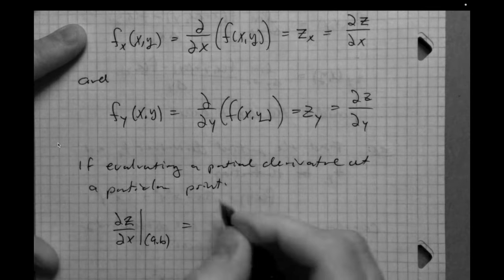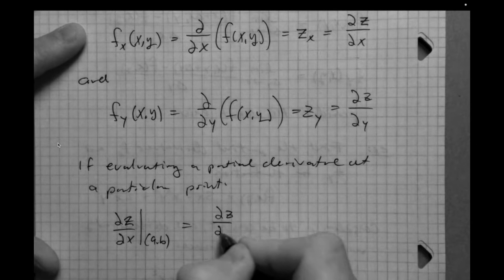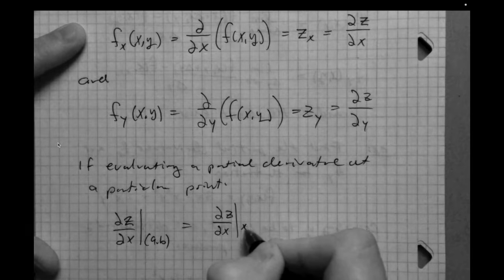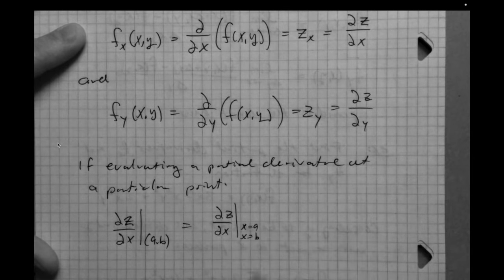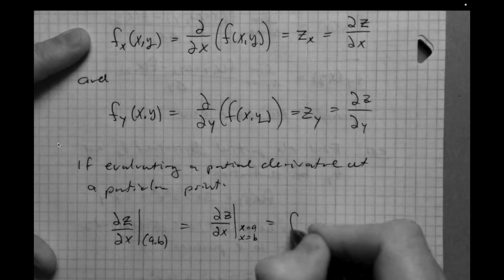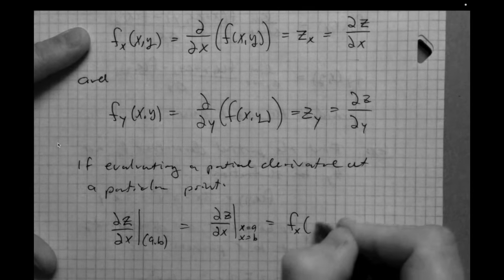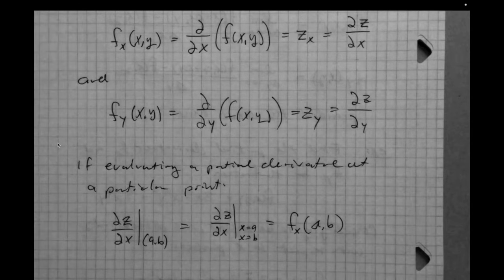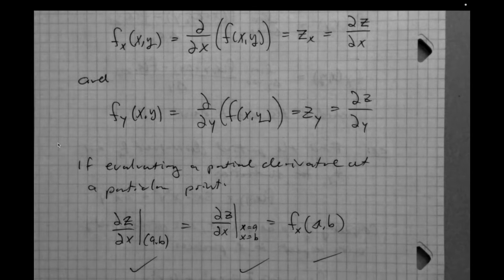Or, I've seen it like this. Something like that. Or, let's see, you could also do this kind of thing, of course. Evaluate the actual function there, like that. Okay, so these are just the cases where you got to plug a value into a partial derivative. And so how would we notate that? This is common.